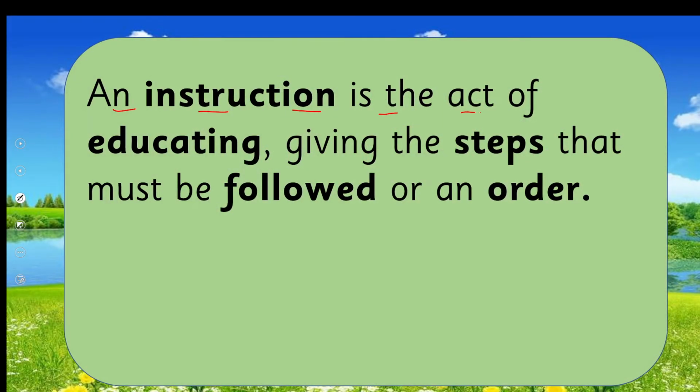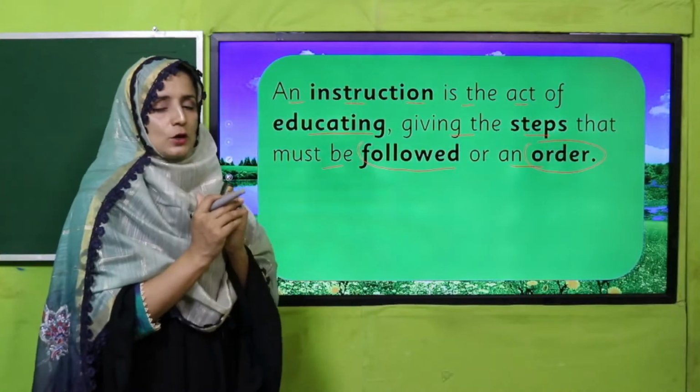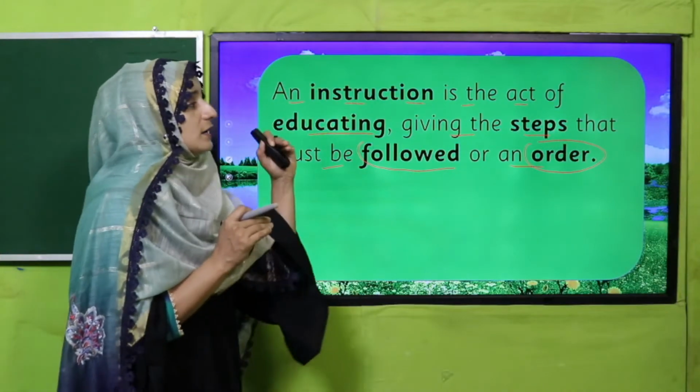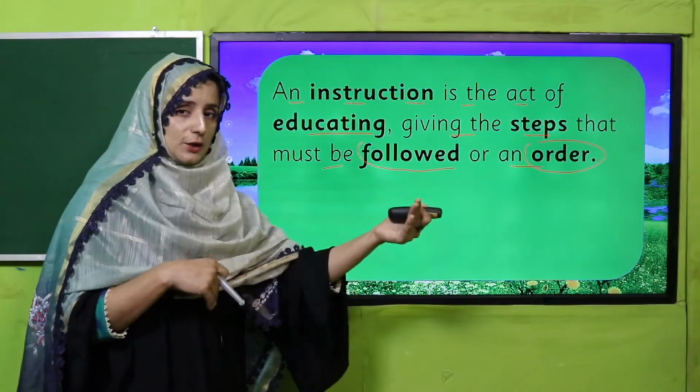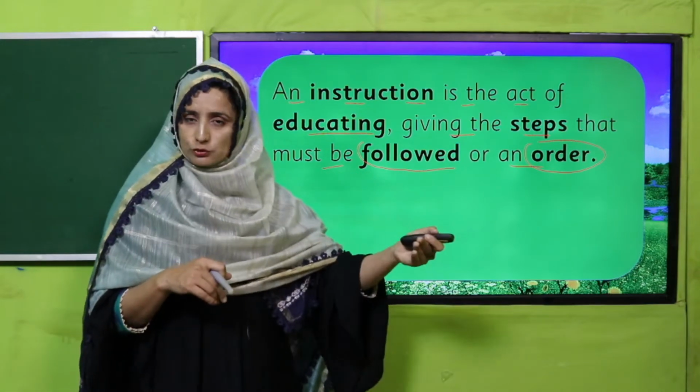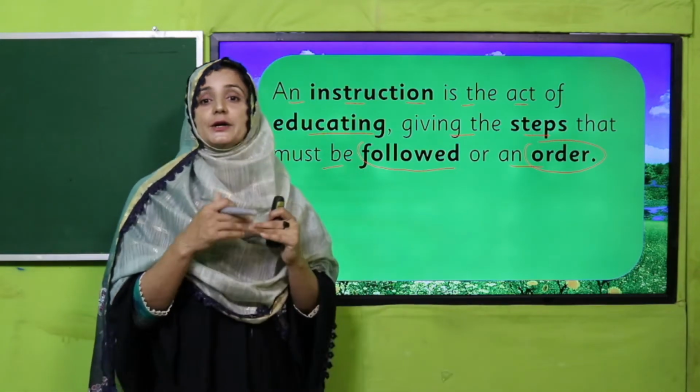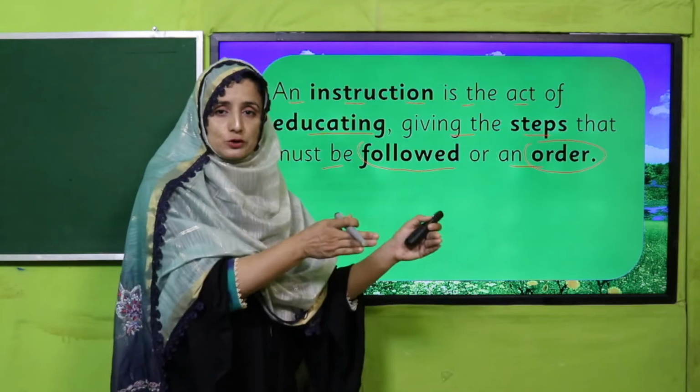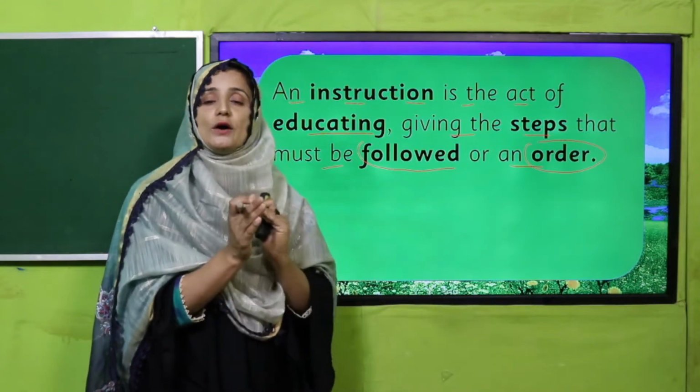An instruction is the act of educating, giving the steps that must be followed, or an order. So yes, my dear students, instructions are rules. There are a few rules by which we educate people how they have to perform something.